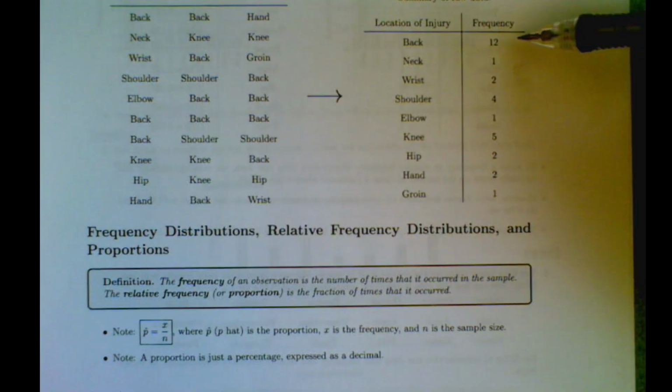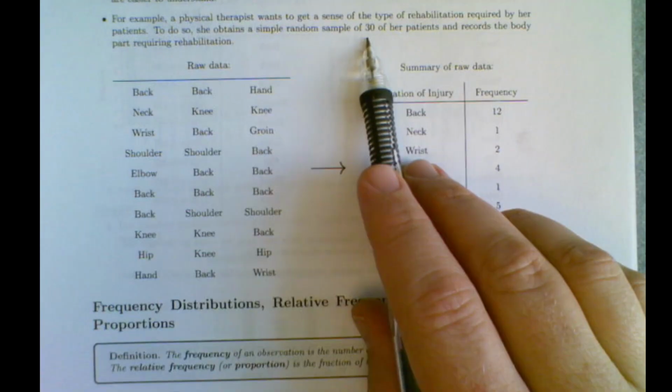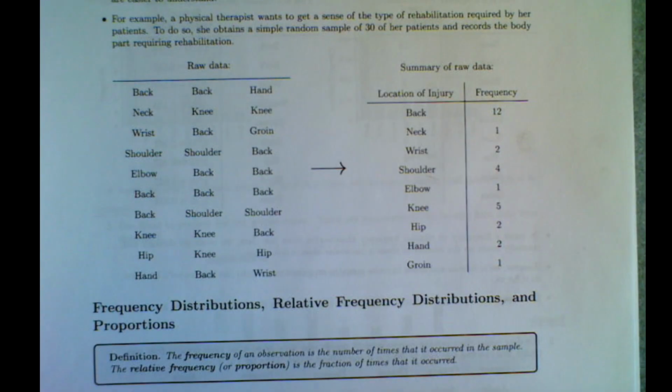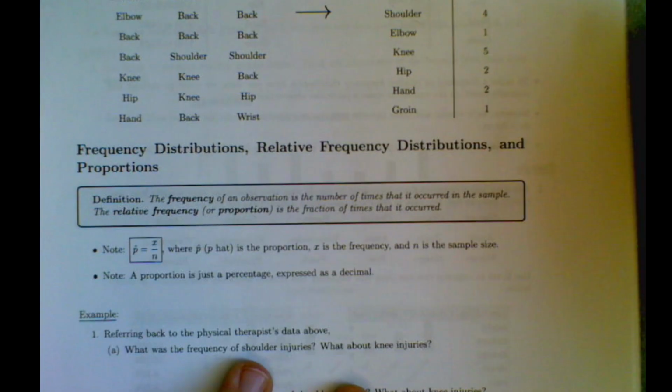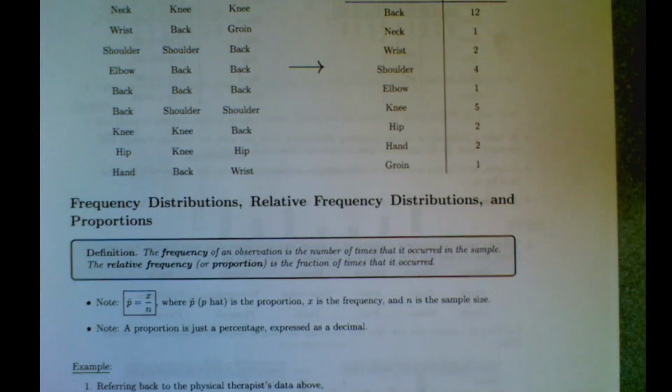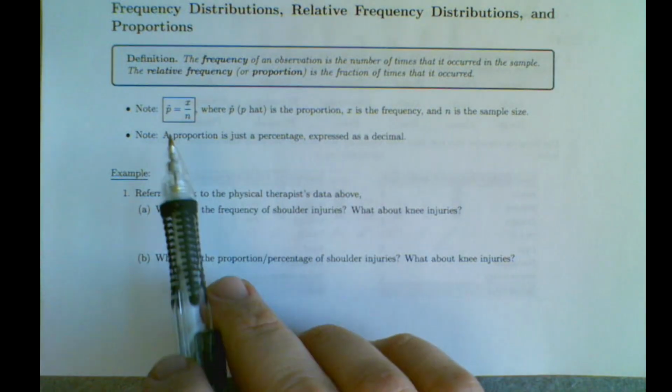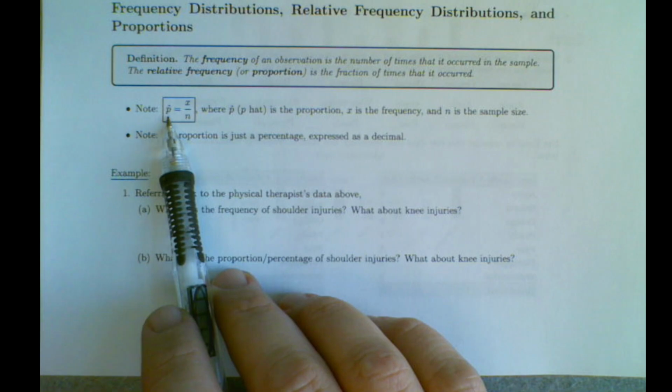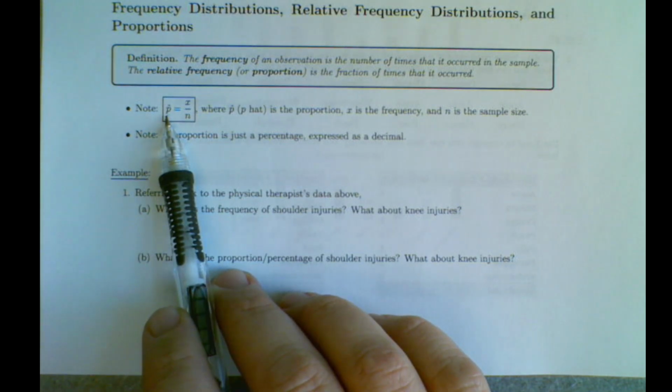The proportions would be if we took each of these numbers and divided by the total number of patients in her sample, which was 30. So the proportion or relative frequency of back injuries would be 12 out of 30, 12 divided by 30. In general, we'll use this symbol, which we read p hat, to represent the sample proportion of a particular kind of injury.